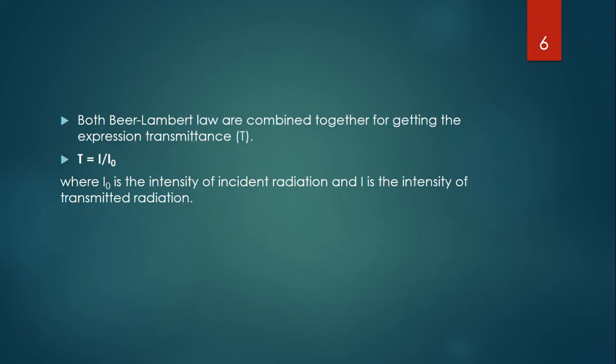So if we combine the Beer's law and Lambert's law, we arrive at an equation for transmittance, which is transmittance T is equal to I upon I0. So I0 is the intensity of incident radiation and I is the intensity of transmitted radiation.